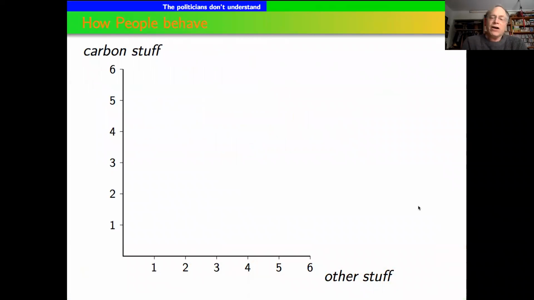So here's the economics. We can imagine two kinds of goods. There's stuff that has lots of carbon in it and stuff that has no carbon in it, and I'll just call that other stuff. This is a standard economic cheat of dividing things into two categories so we can talk about them simply.